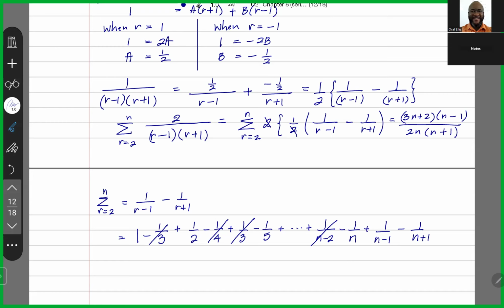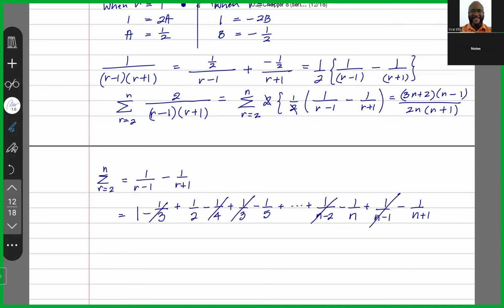Positive 1 over n minus 1 will go, because the negative of it is 3 terms to the left. And looking at everything, it looks like these are the terms that remain.